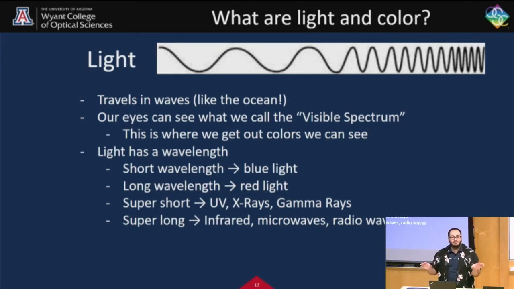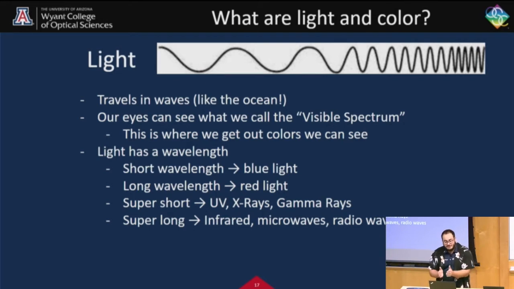So if you see any blue light anywhere, like my shirt, for example, that is reflecting a very, very short wavelength of light. However, if we have these really long wavelengths, they actually produce red light. So if you see anything red, I don't have anything red with me right now, but if you see anything red in the world around you, that reflects a really, really long wavelength.